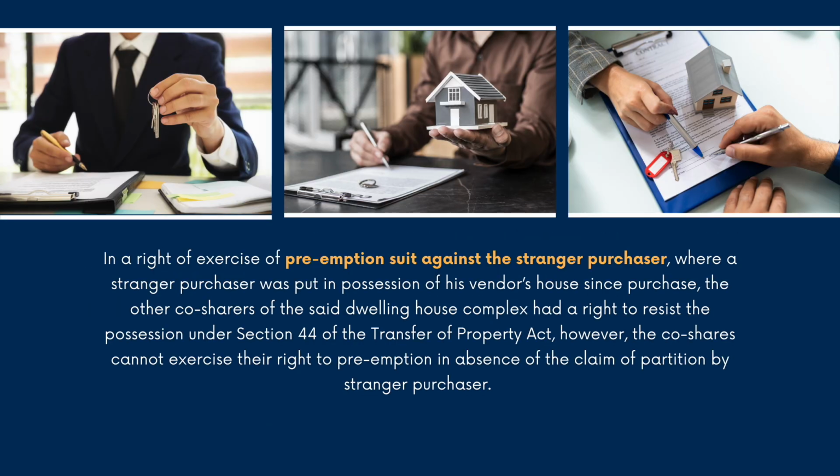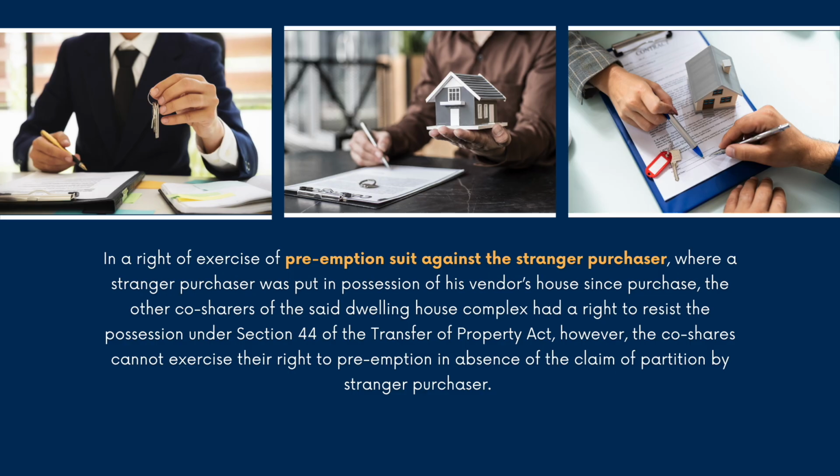In a right of exercise of preemption suit against the stranger purchaser, where a stranger purchaser was put in possession of his vendor's house since purchase, the other co-sharers of the shared dwelling house complex have a right to resist the possession under Section 44 of the Transfer of Property Act.